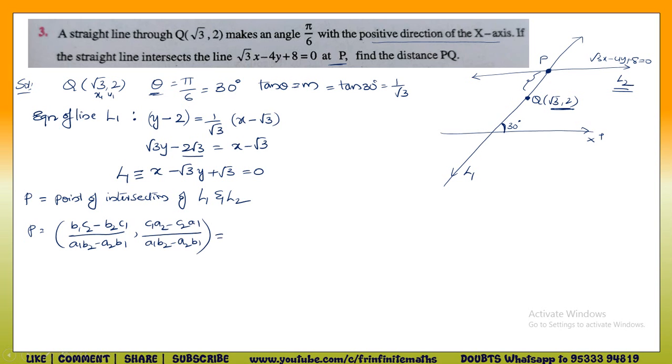To find the values, first of all write down the line equations. What is line L1? L1 is x minus root 3 y plus root 3 is equal to 0. Below that write down L2 also. It is given in the question. L2 is root 3 x minus 4 y plus 8 is equal to 0.